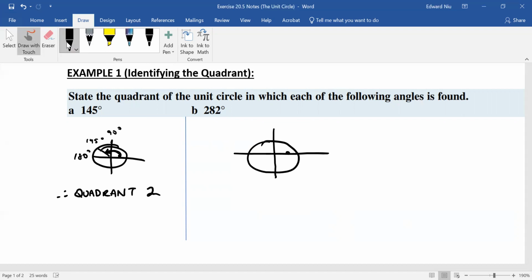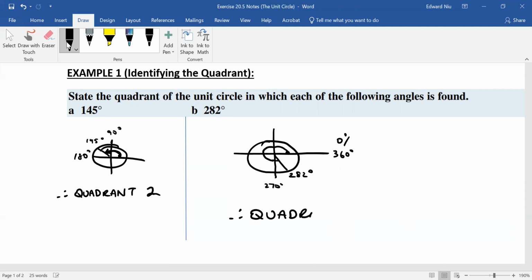So here's 0. We get to 90. We get to 180. We get to 270. And then roughly here would be 282 degrees. Okay, you got 270 down here. Got 360 over here, or 0, depending on which side of the rotation you're on. So this means we're in quadrant 4.